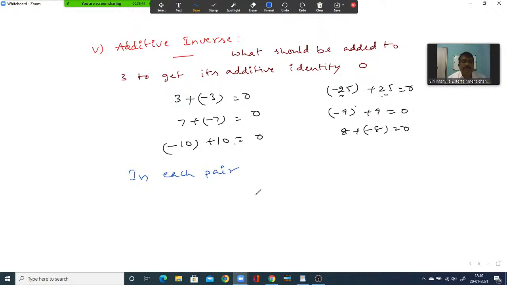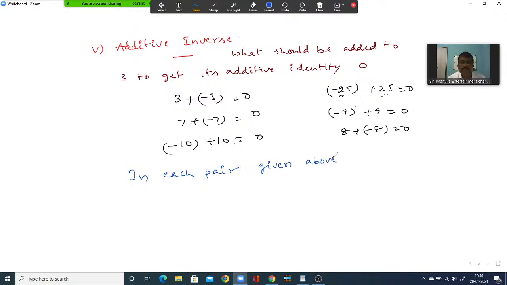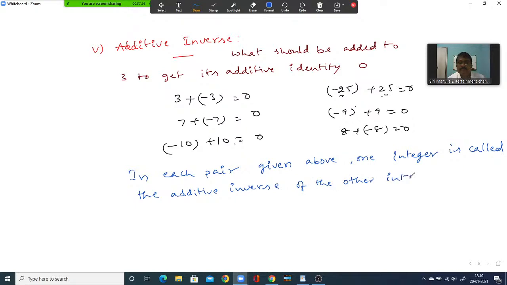In each pair given above, one integer is called the additive inverse of the other integer.